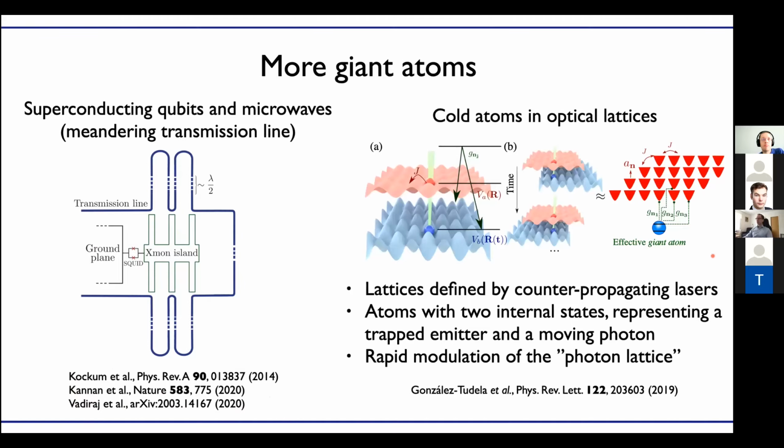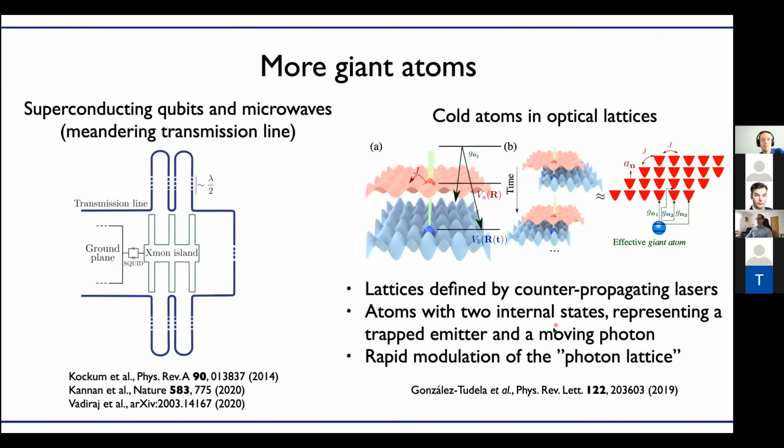Then there have also been suggestions that you could use cold atoms in optical lattices. What you have here are lattices defined by counter-propagating lasers, and atoms trapped in the potentials that are formed. You can have two internal states in these atoms, where one represents trapped emitters, the atom part, and the other a moving photon.